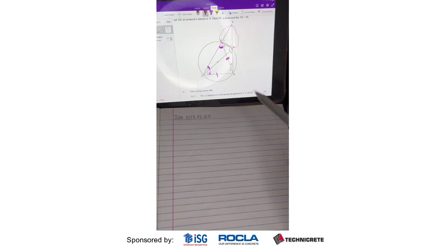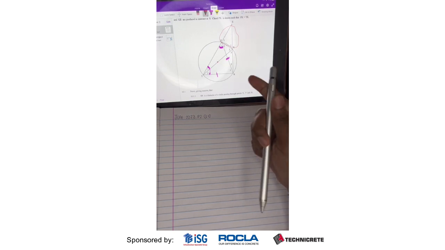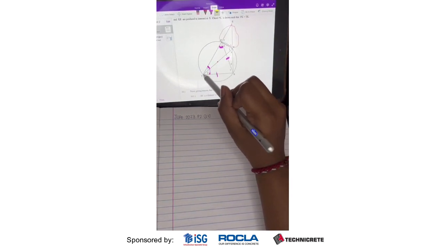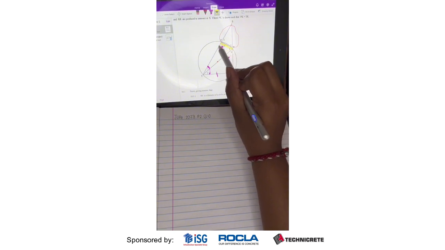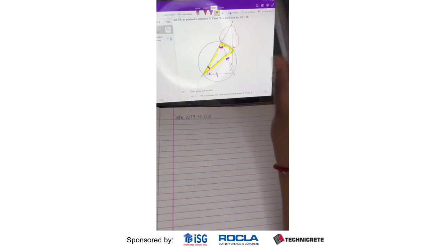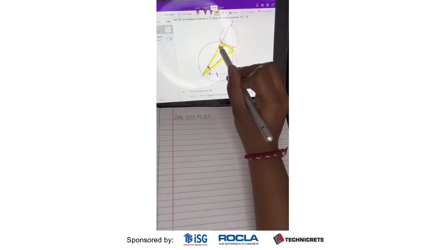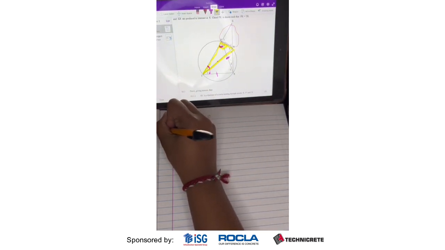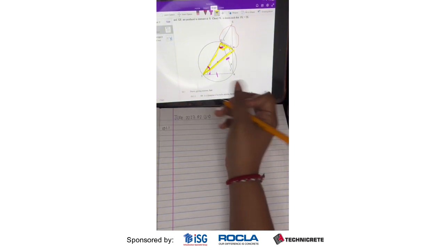Well, I can see a clearly defined shape here. Seeing that this is the center of the circle, this is the diameter, it's giving me this triangle shape here. And what do I know about that? I know that this is therefore 90, and that theorem is angle in a semicircle.